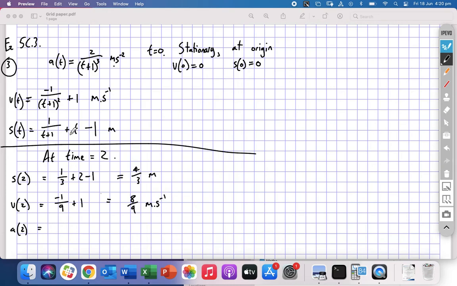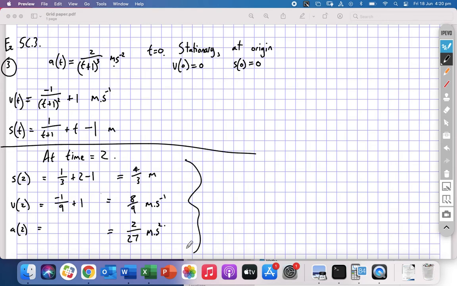And acceleration, we're putting a 2 in here, so we get 2 plus 1 is 3. 3 cubed is 27. I'm just going to go straight to writing the answer because that one's fairly straightforward. 2 on 27 meters per second squared.